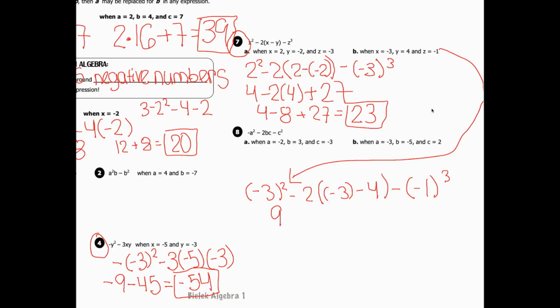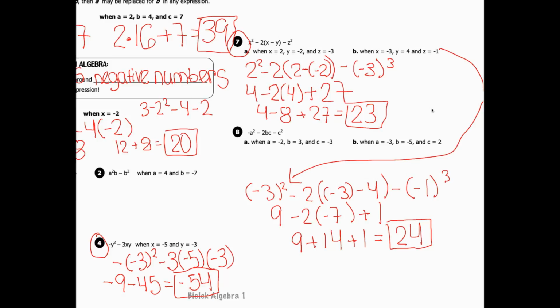So we've got 9 minus 2 times negative 7 plus 1. So that's 9 plus 14 plus 1, which is equal to 24. And that is number 7.